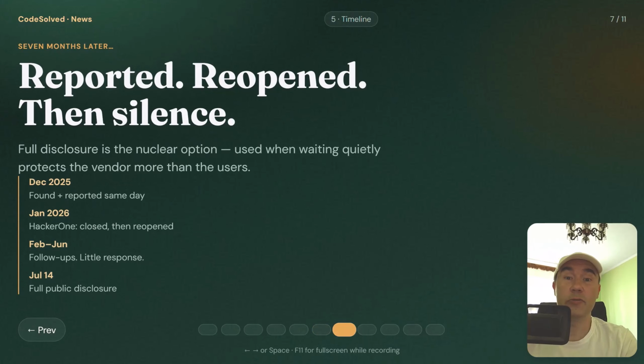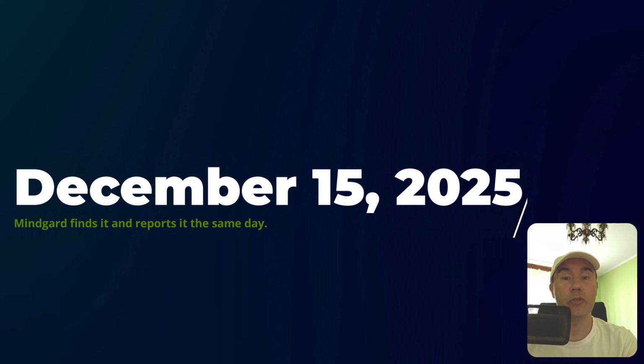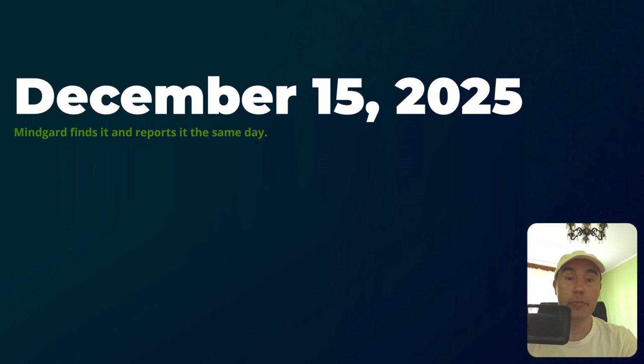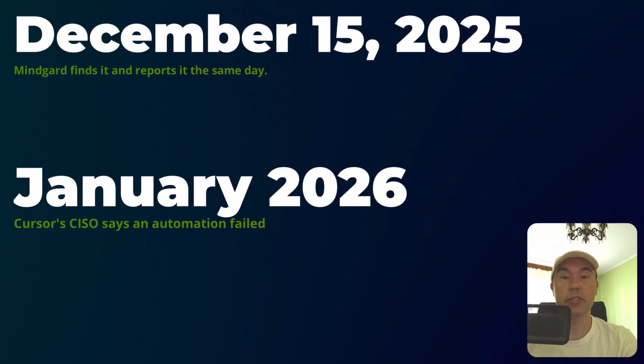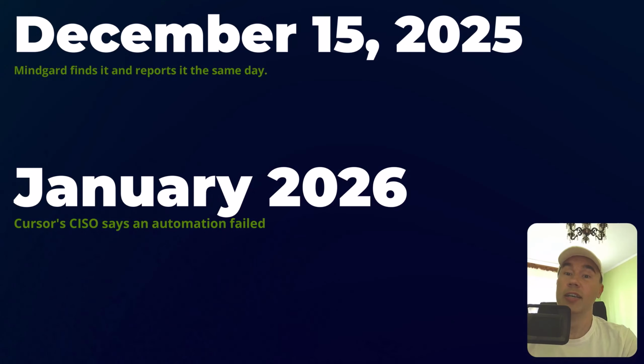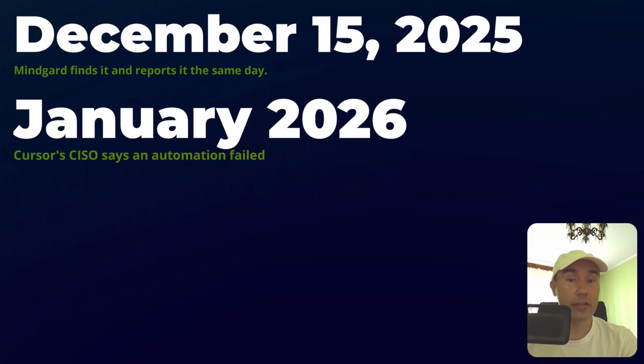Okay, this part is wild, and it's why this story isn't only about a bug, it's about trust. December 15, 2025, Mindgard finds it and reports it the same day. January 2026, after public noise, Cursor's CISO says an automation failed.